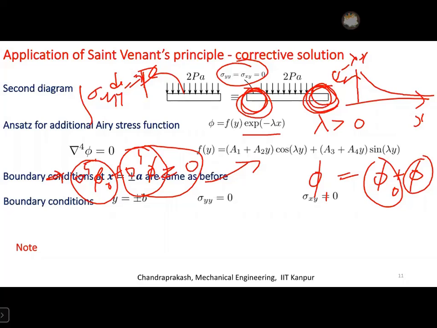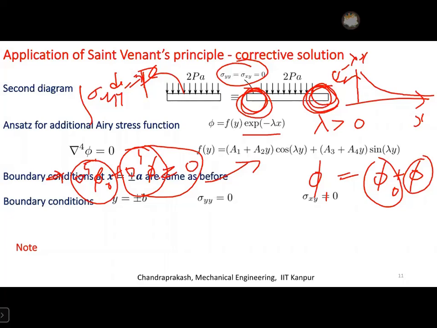Likewise, if you examine the second term, A2 y cosine lambda y, y cosine lambda y is an odd function, and y sine lambda y is an even function. I'm sure you can verify it, but I'm giving you the answer: y cosine lambda y is odd, y sine lambda y is even.